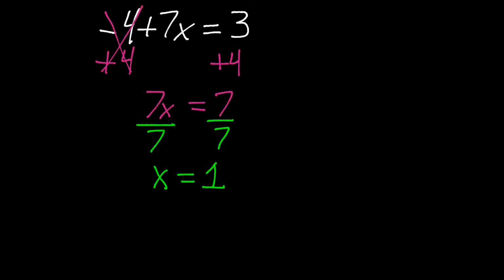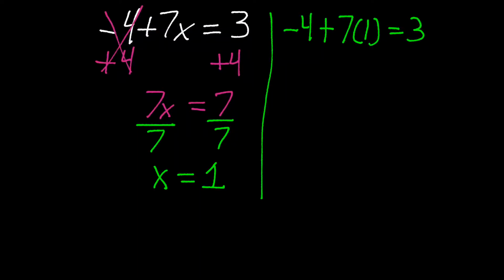And that is possibly our solution, but it was important to check our work with single-step equations. It's even more important to check them with multiple-step equations. So we have negative 4 plus 7 times 1 equals 3. And now that we have what the variable was, we need to follow our order of operations.